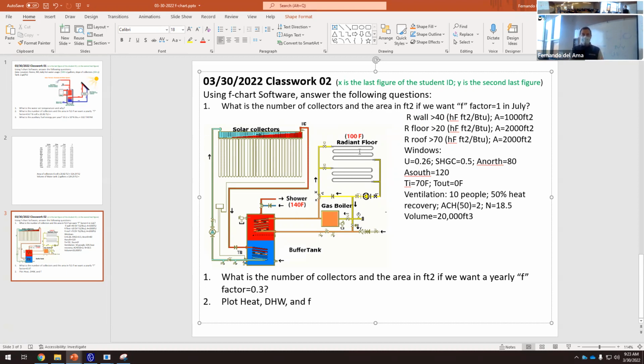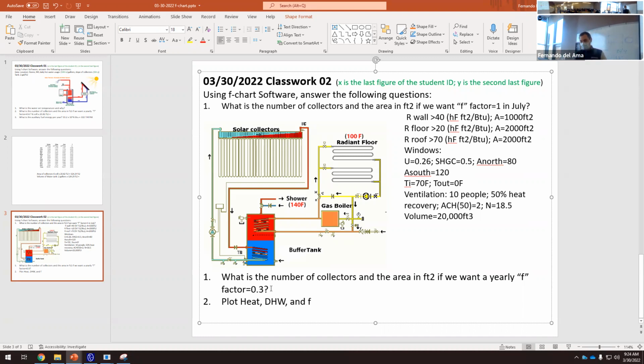Radiant floors are between 90 and 100 Fahrenheit. Even 100 is too much, so maybe it's closer to 90 than to 100. But well, from 85 to 95, it will be okay. But now we need to understand the schematic view of this.